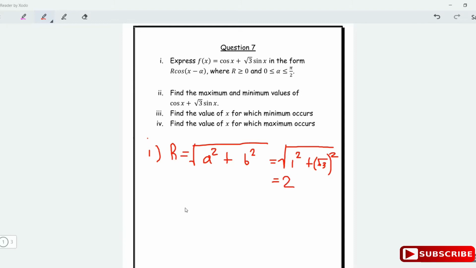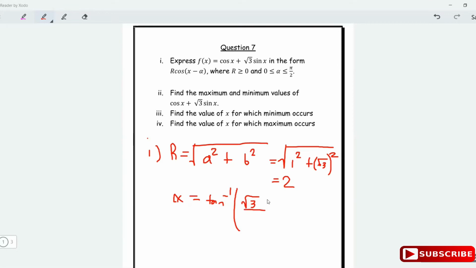Now that is r. Next thing is alpha. How do you find alpha? Alpha is equal to tan inverse of b over a. Remember, b is the coefficient of sine x. So alpha is equal to tan inverse of your b, which is root 3, over your a, which is 1.